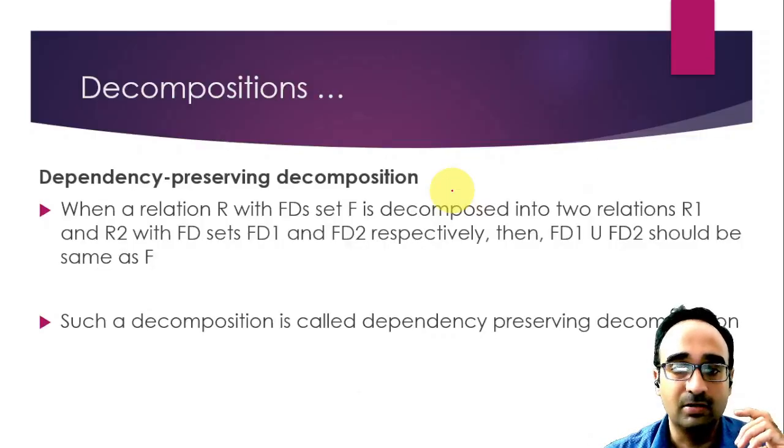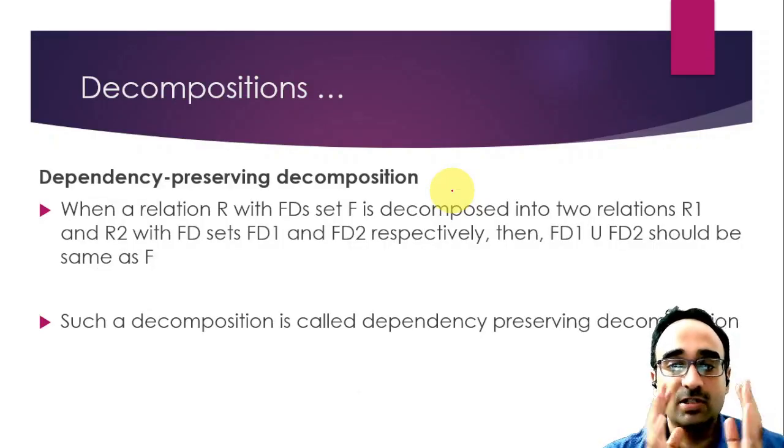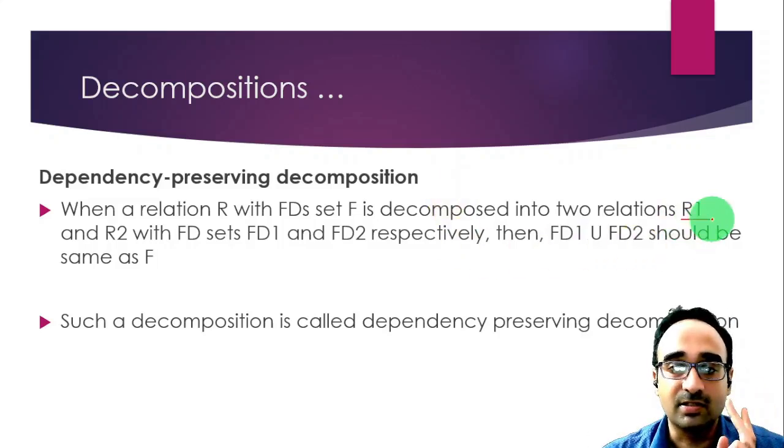So what is dependency preserving decomposition? In the big table we have a set of functional dependencies. Let's say you have 3 functional dependencies. After decomposing your big table into, let's say, 2 relations R1 and R2, you will get 2 subsets of the previous functional dependency set F. The subsets are FD1, FD2.